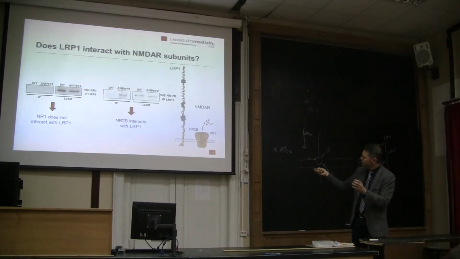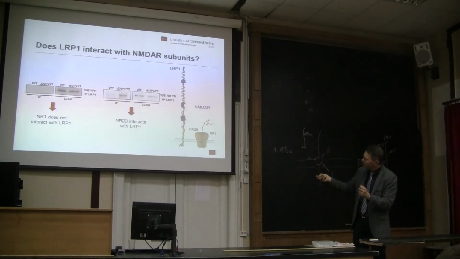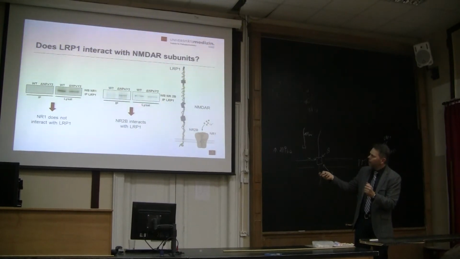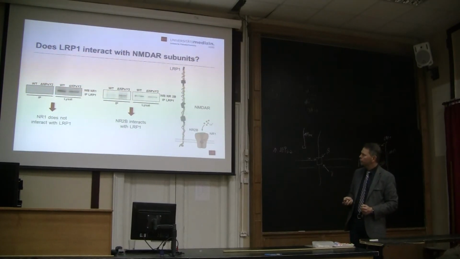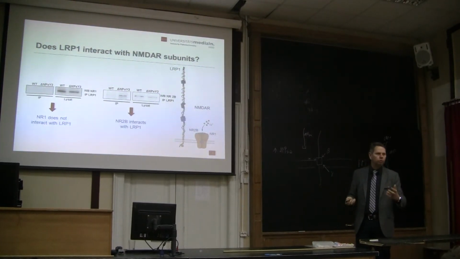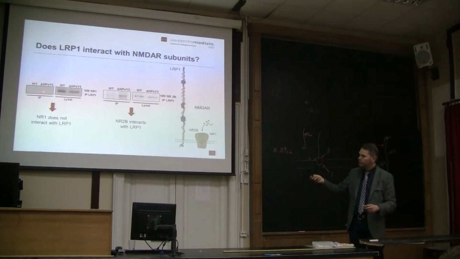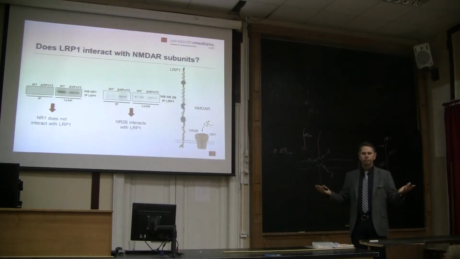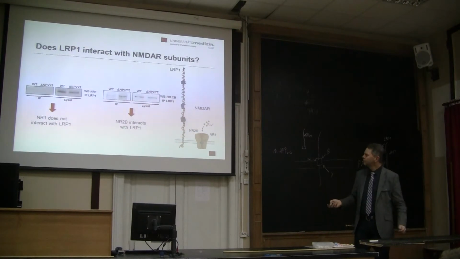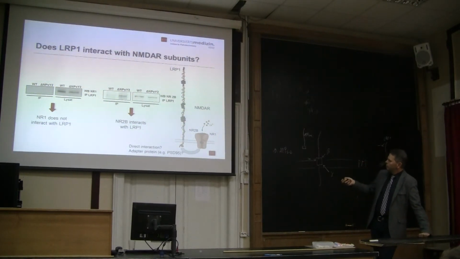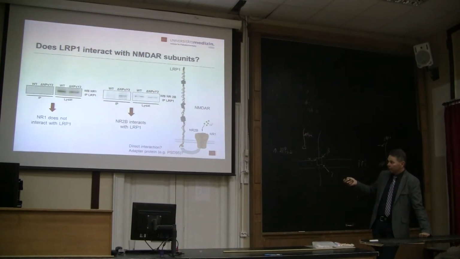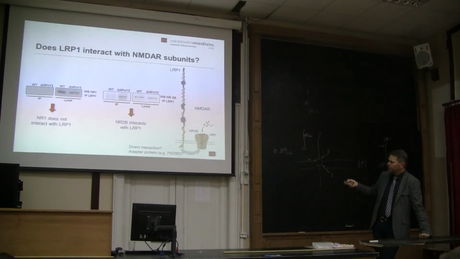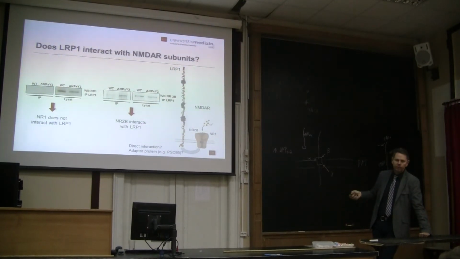So all these here that are in one receptor together bind apparently to LRP, and then can be immunoprecipitated here in terms of the NR2 subunit. Now you could say in a co-immunoprecipitation experiment we should be able to see NR1. I agree, but we don't. Okay, so there might be an interaction between those two proteins, and this might be either direct or through adaptor proteins, like, for example, PSD95 or other proteins.